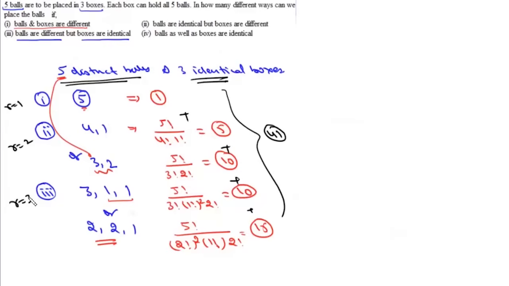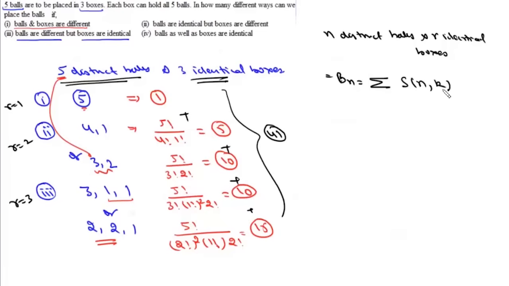So the general case of solving this problem will be, suppose we have n distinct balls and we have r identical boxes, then the number of ways of distributing n distinct balls in r identical boxes will be given by this Bell number Bn, which is nothing but the sum of Stirling numbers of the second kind S(n,k), where k varies from 0 to r.